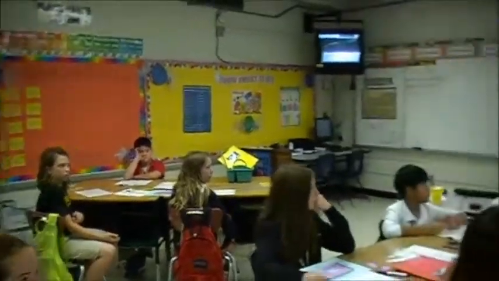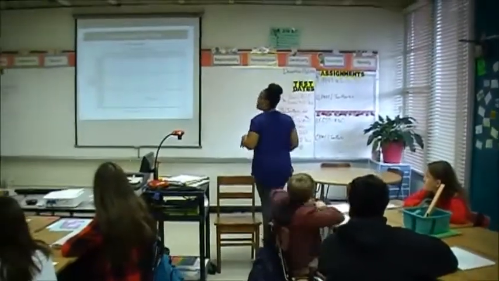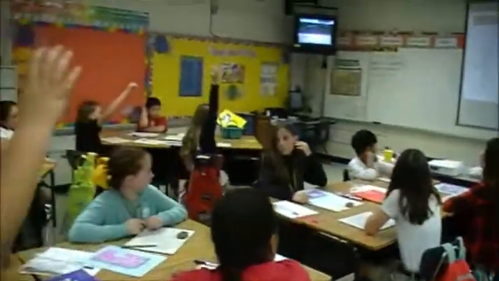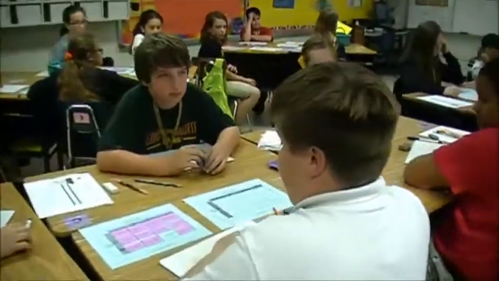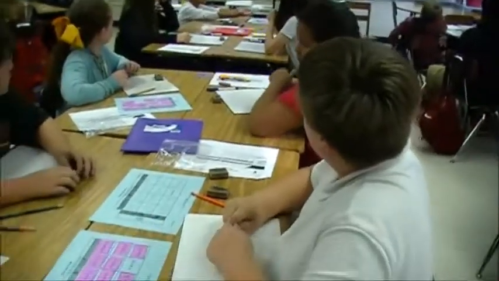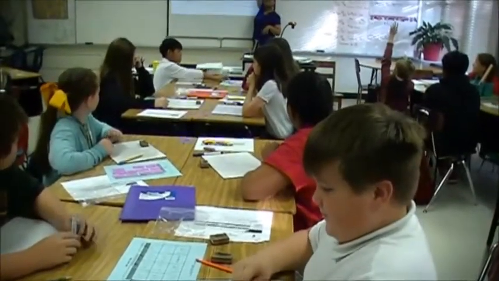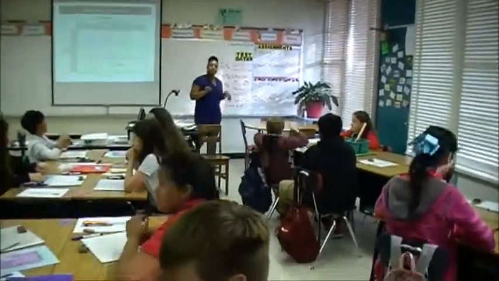Okay, which one was impossible? William? The one where the greatest common factor would be 8 and the least common multiple would be 12. Very good. How did you know that this would be impossible, William?